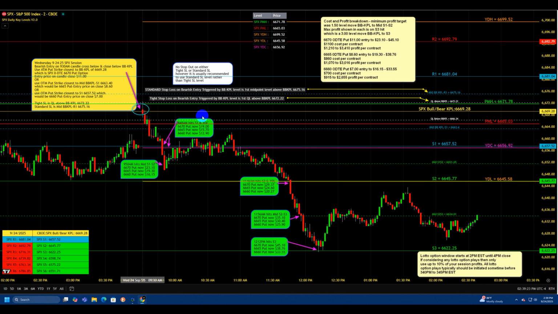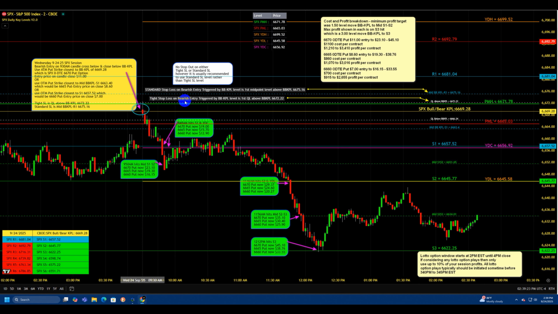Okay, so getting back to the midpoint levels and the quarter levels. Since we're looking at an entry triggered from the bull bear KPL and we're looking at a bearish entry, your tight stop loss on a bearish entry triggered from the bull bear key price level is the QL above the BBKPL.